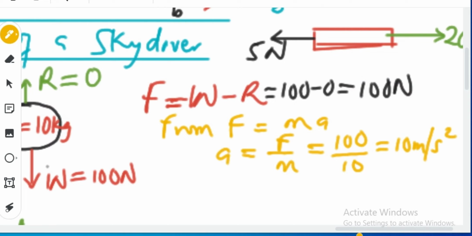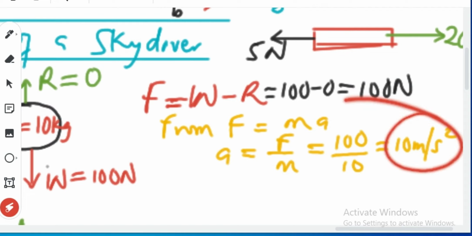Now, when an object is just about to fall, or falling freely without air resistance, this is the acceleration. We call that acceleration of free fall.